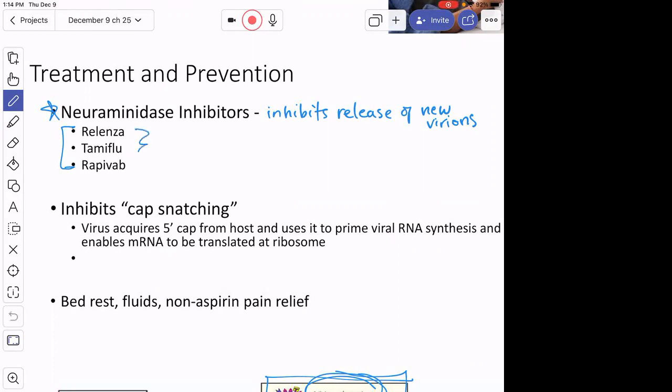Well, all 3 of them really only reduce the length of the disease by about a day, sometimes they say 1 or 2 days. So does it make sense for the government to be stockpiling millions of doses of this when it really has kind of a negligible effect?